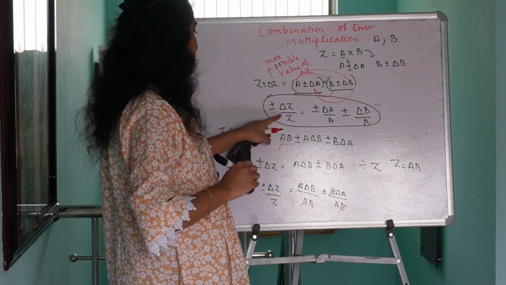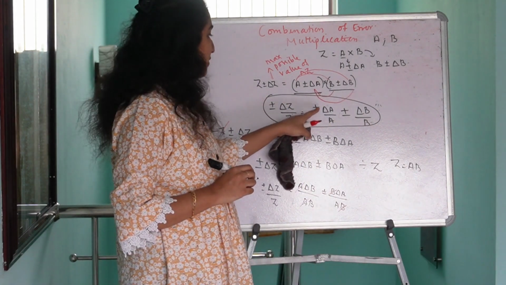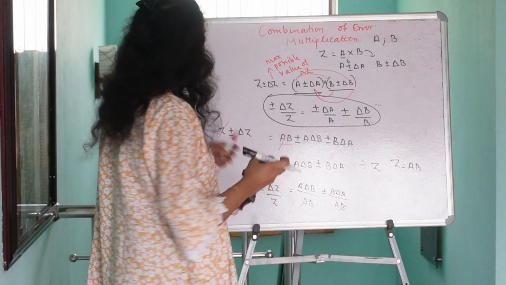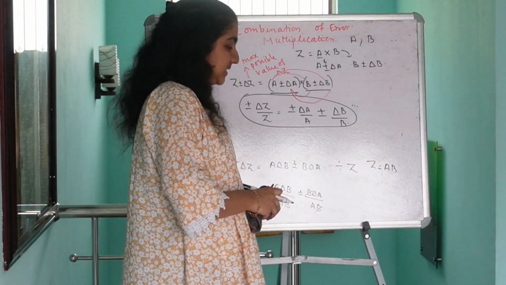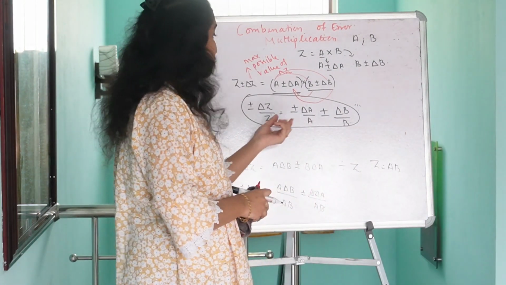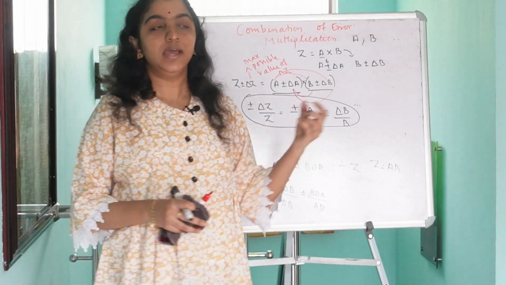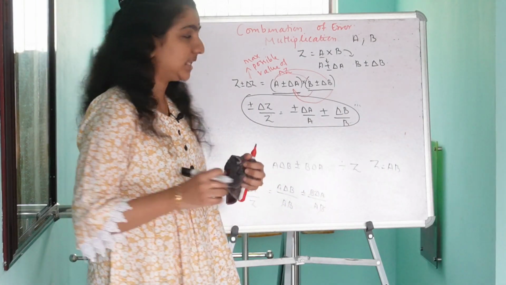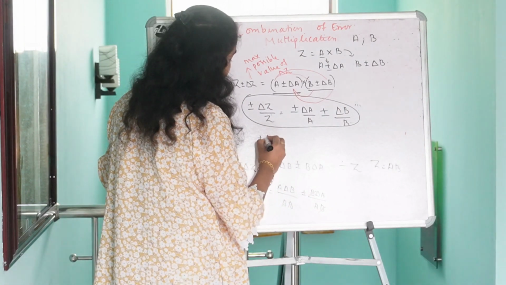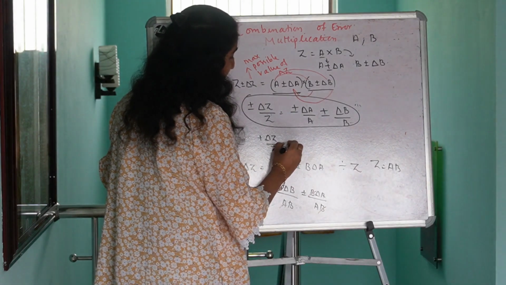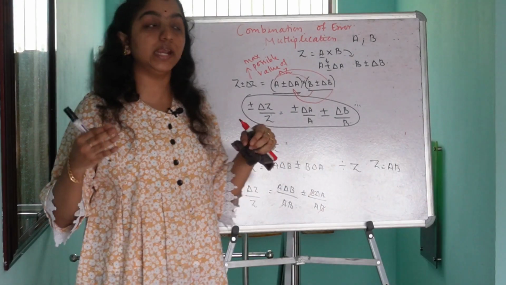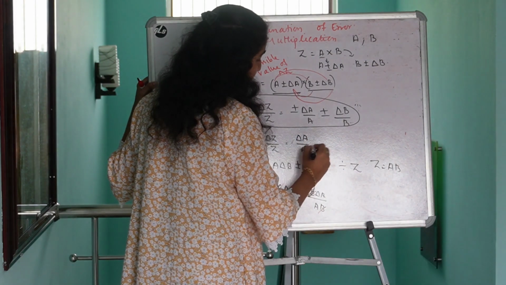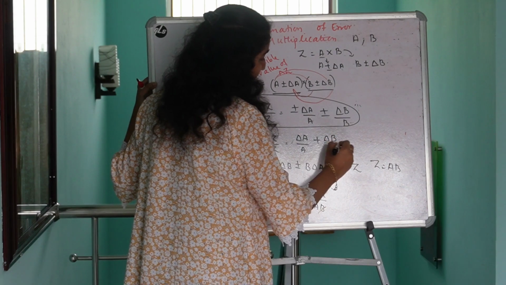Just like in the previous two cases, here also we will have 4 different cases, and it is very clear that we will get the maximum error value when we are adding the positive values of the individual errors.